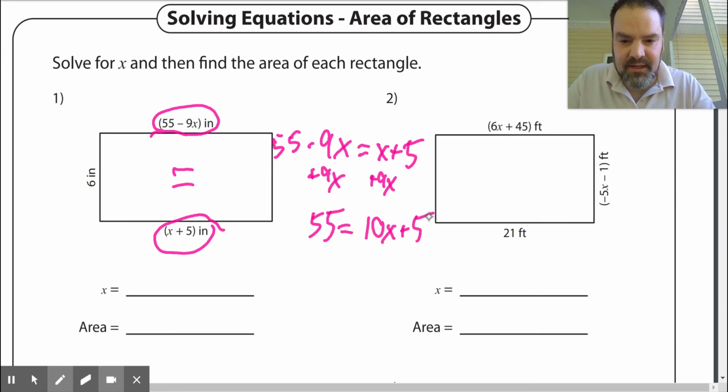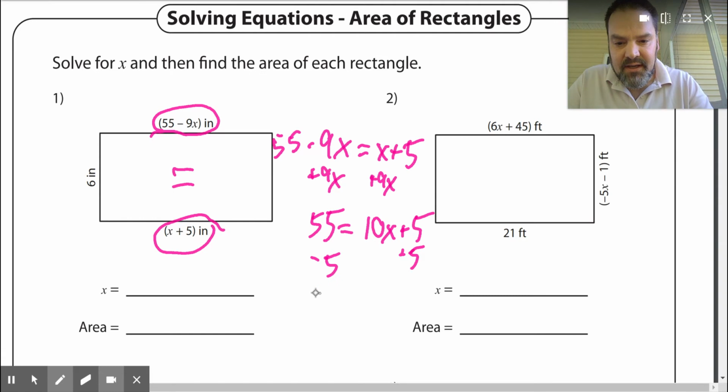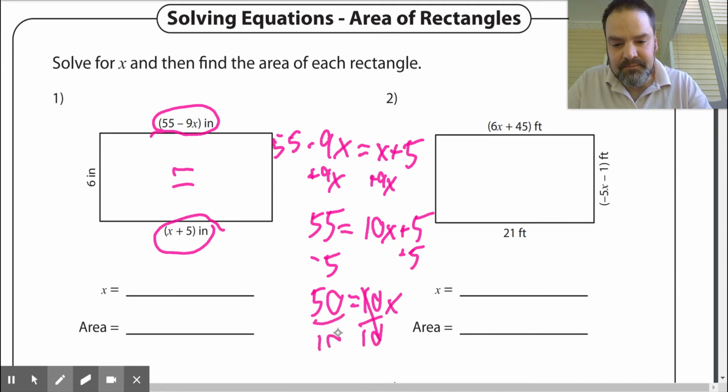You might see what x is already, but just to finish this off, I'm going to subtract 5 from both sides. And 50 is equal to 10 times x. And if I divide by 10, I get 5 is equal to x, or equivalently, x is equal to 5.